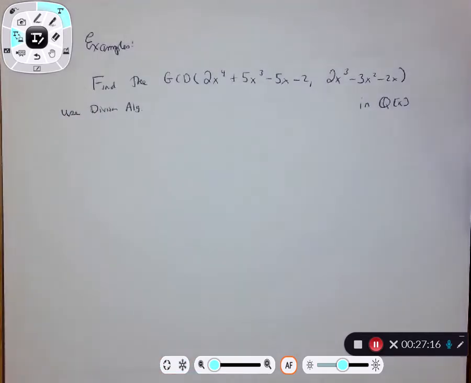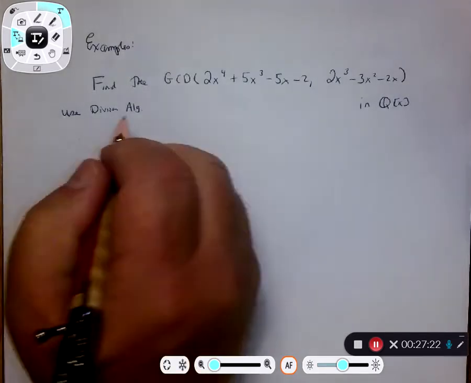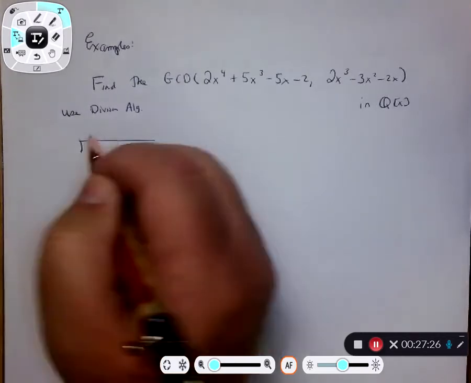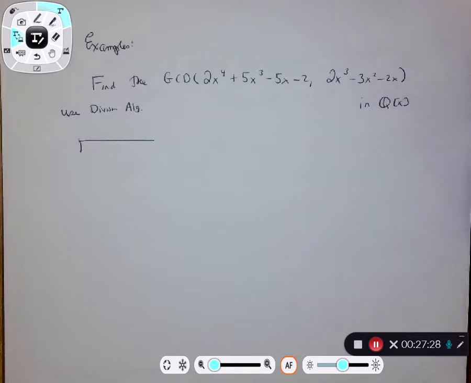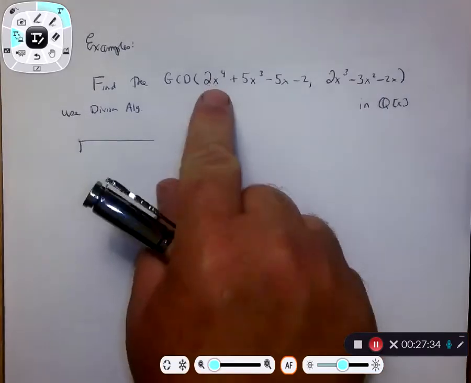Let's remind ourselves of what the division algorithm is. I'm going to do long division on this, because I'm dividing by something bigger than an x minus constant type thing. I've got two polynomials and I'm going to divide them.